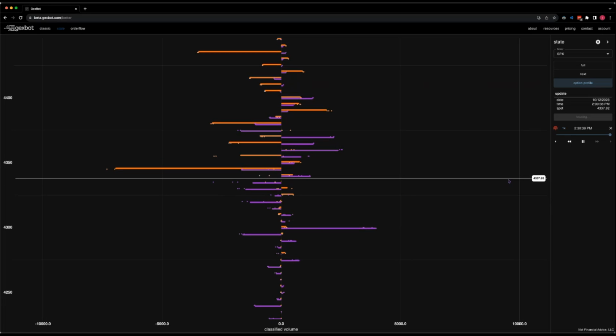We are very, very fanatical about order flow classification. And what we mean by order flow classification is we want to know, when an options order comes in, whether it's a buy or a sell, right? Who is the aggressor in that transaction?